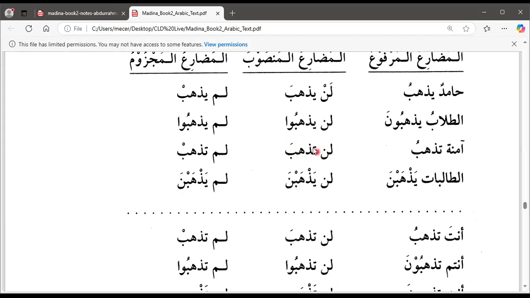Okay, if we decide to bring lam, nafi, you didn't go, so you say lam tadhab. You see the sukun? So we say fi'l mudari' majzumun, alamatu jazmin bisukun. It is because there is a jazim, which is lam.